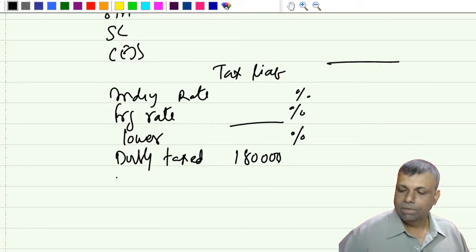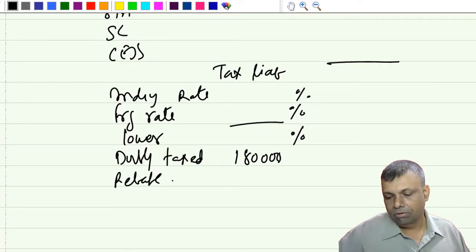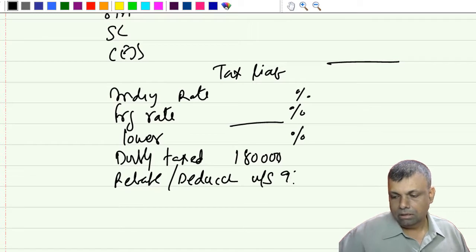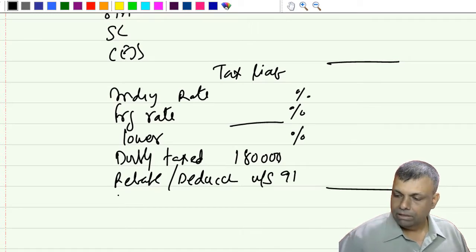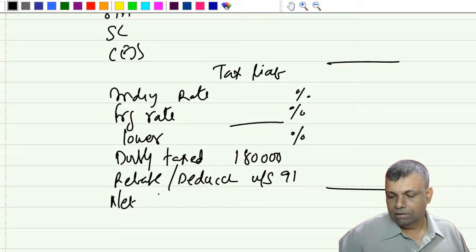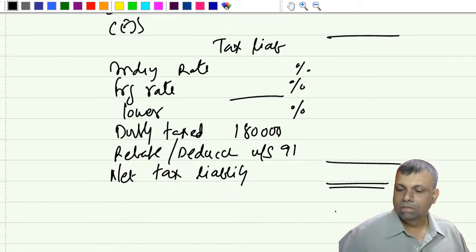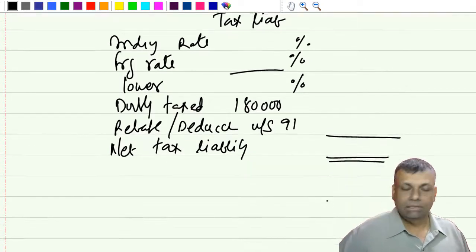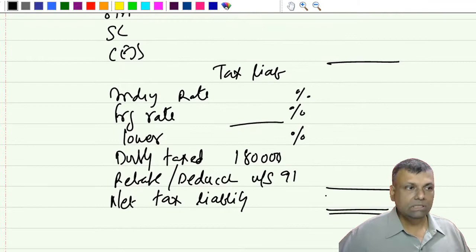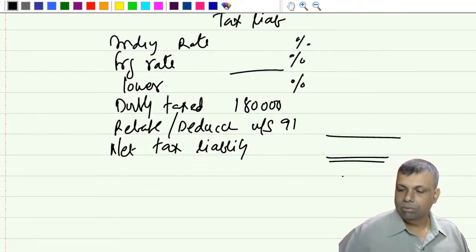Okay. When you multiply, you will get a rebate or relief or deduction, whatever you want to say, under section 91, and this will be your net tax liability. So this is how your net working will be carried out.